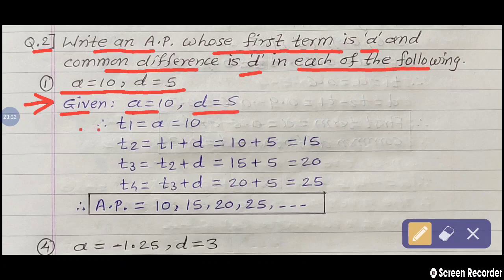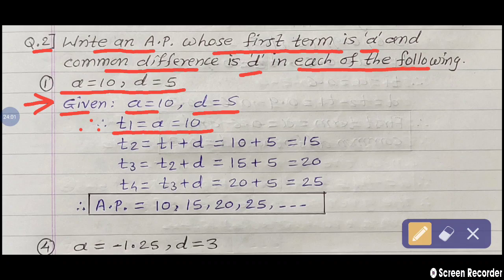Therefore, T1, that is the first term, is equal to A, that is equal to 10. So we know which sequences are called AP or arithmetic progression. The common difference between two consecutive terms is the same. It means we obtain the next term, for example the second term, by first term plus common difference.